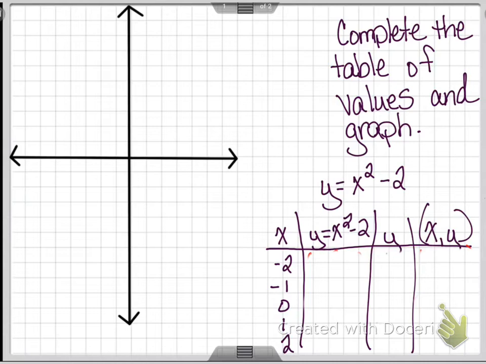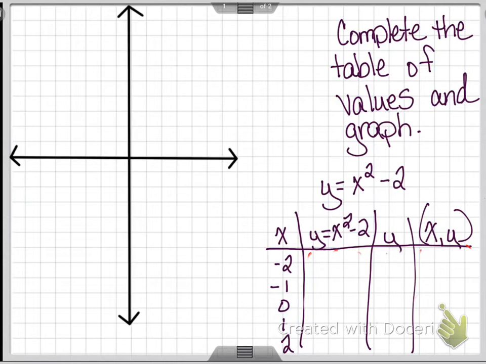So I am going to pick any x values that I want. There are infinitely many points on every graph that we deal with in this class. So we can pick anything for x, anything at all. These are good and safe: -2, -1, 0, 1, and 2. So when you're working on your homework, these are fine values to pick.